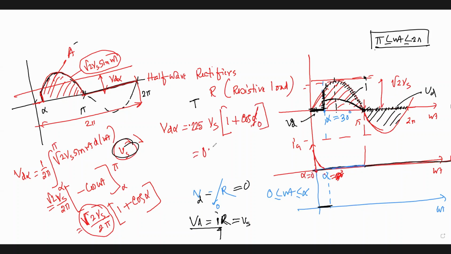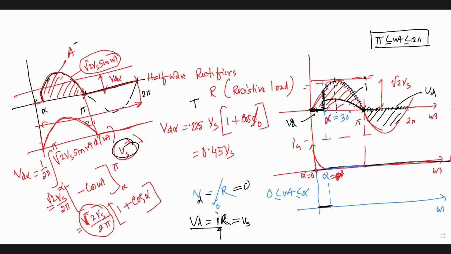Then it is coming as 0.45 Vs, right? Yes, sir. And also your wave shape will be like this. It complies with our concept of a half wave rectifier. Am I correct or not? Yes, sir.